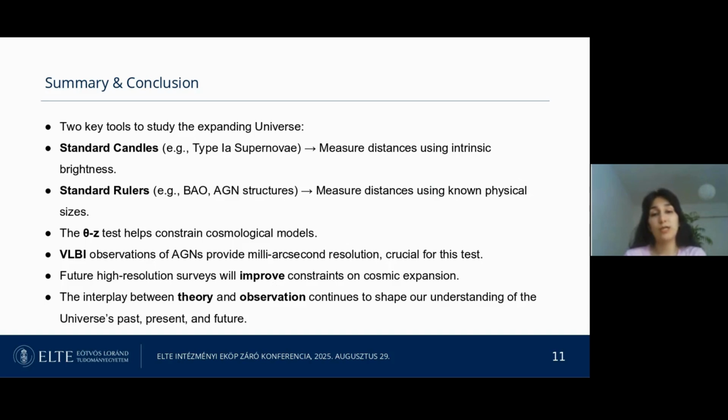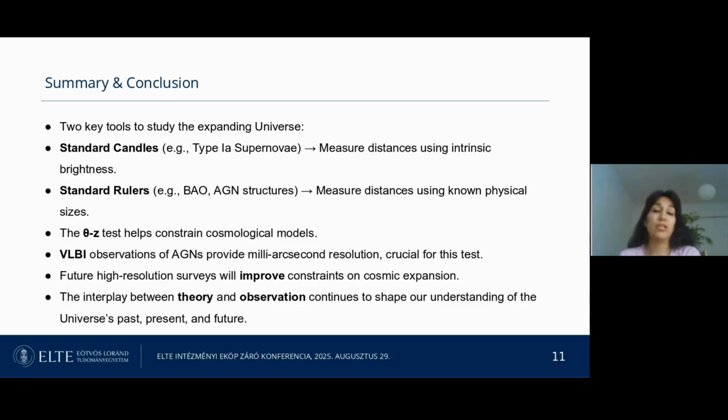To sum up, to understand cosmic evolution, we need to measure distances. Standard candles and standard rulers are two main methods for measuring distances. The theta Z test can be something like a standard ruler, and it uses the angular size of a radio galaxy to test cosmological models.